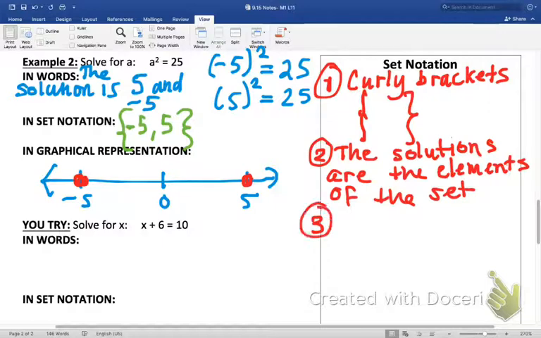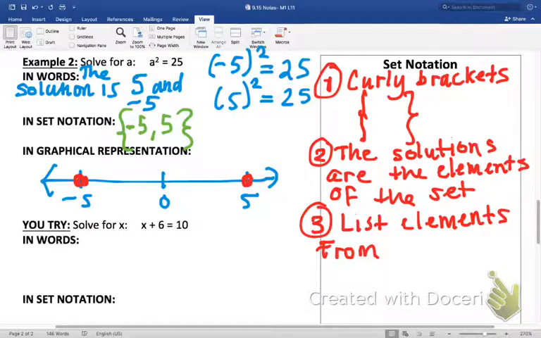Okay. The third thing I want to make sure you understand is we're writing the elements or the solutions from least to greatest. So we list elements from least to greatest.